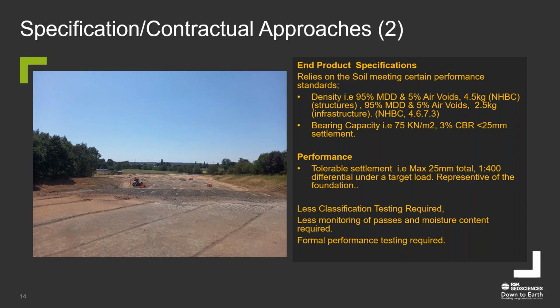Obviously, these two approaches potentially require less classification and less monitoring of the actual work itself in terms of passes and so on, but they do have a greater degree of testing as the work goes along and at the end of the project. Now, many specifications are hybrids. They use a combination of all three of these approaches, with method at the start to provide confidence that the final performance requirements will be achieved.